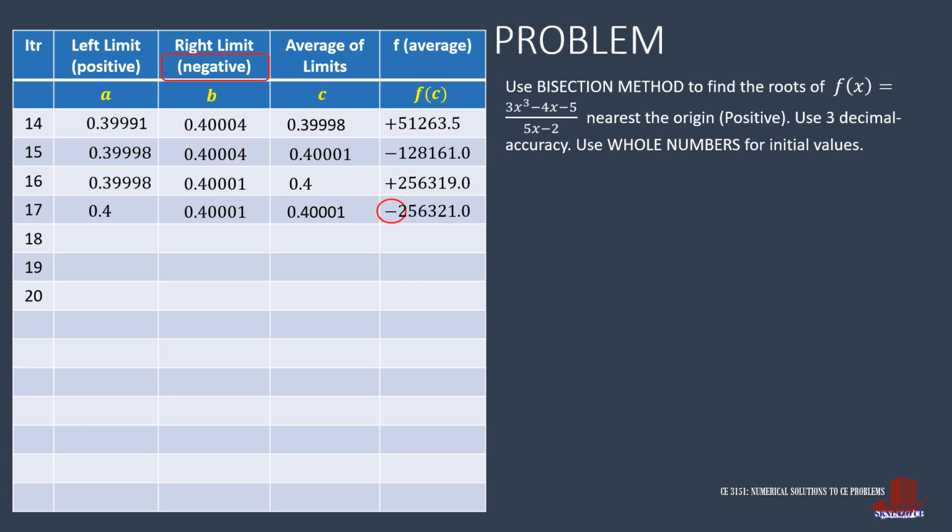So the next iteration uses negative f of c to replace b with 0.40001, while a remains as 0.4. Their average is computed giving the same value of 0.40001 and the same f of c as negative 256,321. Having no change between the last two iterations means that we can stop and take the root of the function as 0.40001.